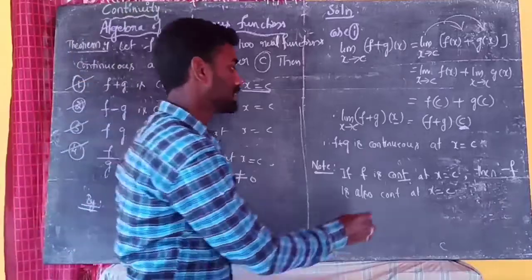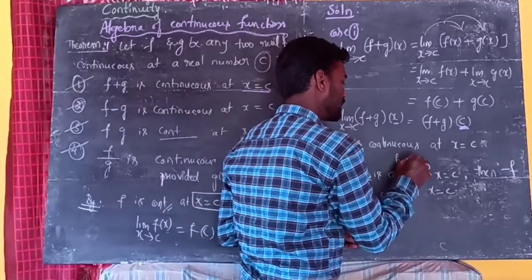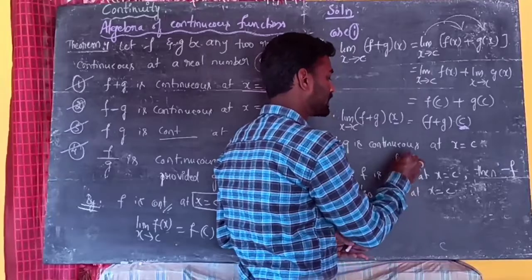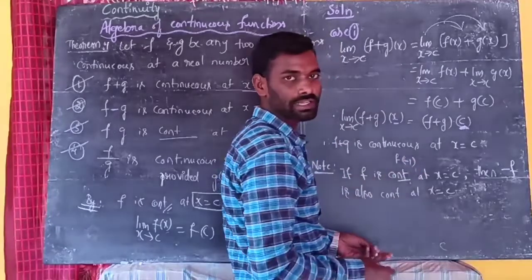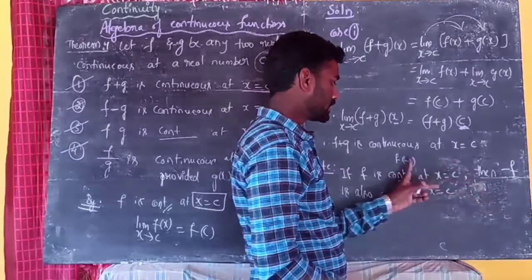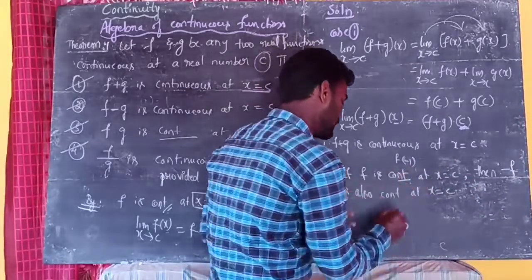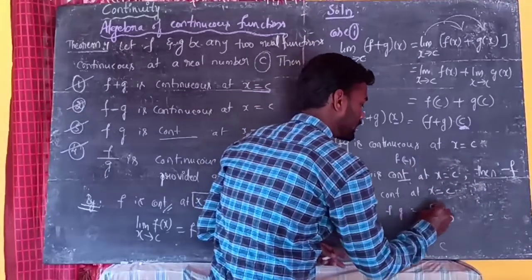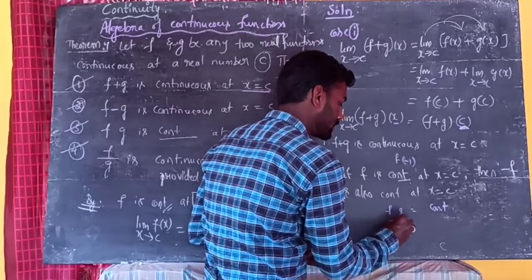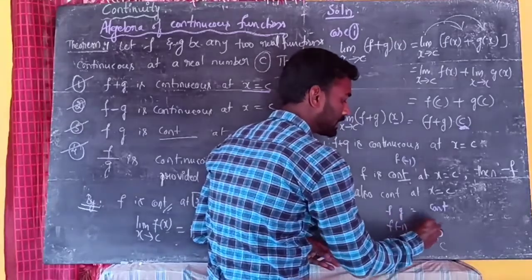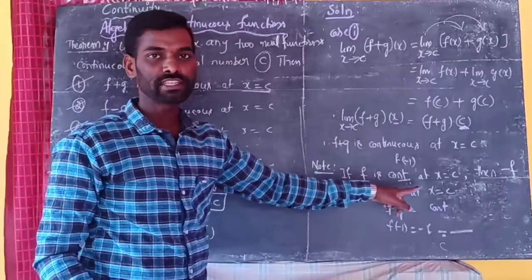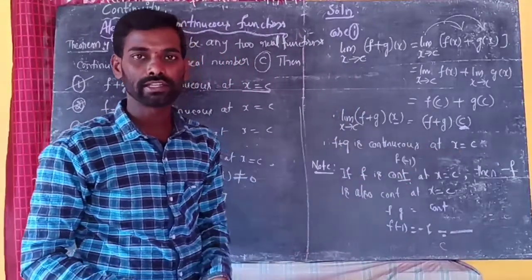Because f and g continuous means f into g is also continuous. If in place of g I consider the constant function minus 1, then f into minus 1, that is minus f, is also continuous. If f is continuous, then minus f is also continuous.